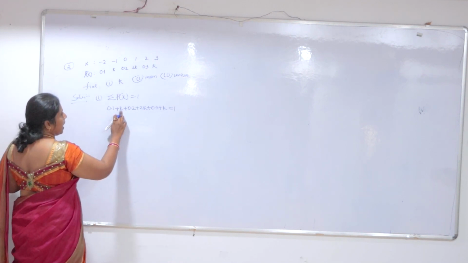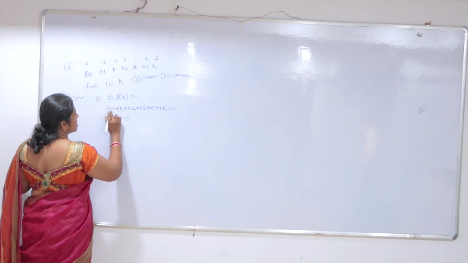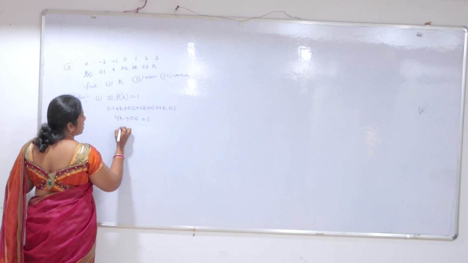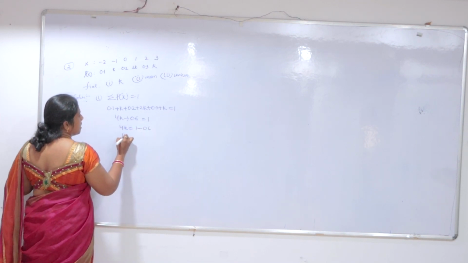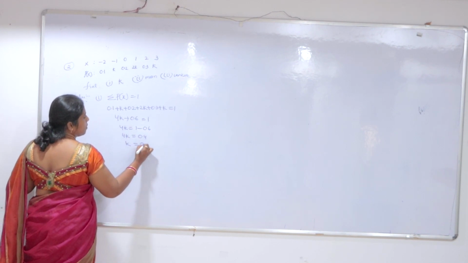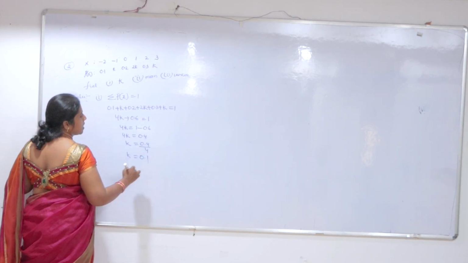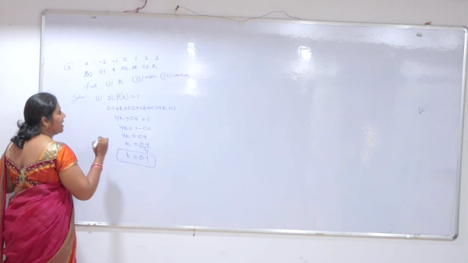So k plus 2k plus k, 4k, plus 0.3 plus 0.3 plus 0.1, 0.6, equal to 1. So 4k equal to 1 minus 0.6. So 4k equal to 0.4. So k equal to 0.4 by 4, which is nothing but 0.1. So the value of k is 0.1.